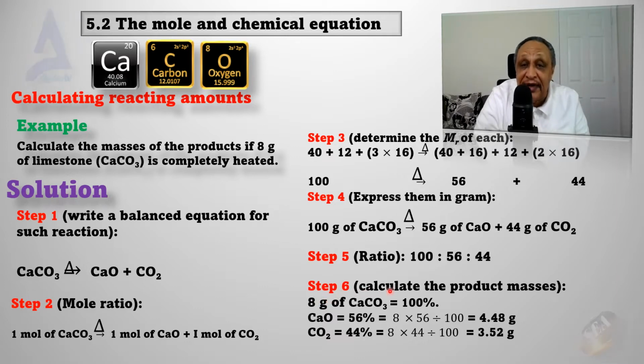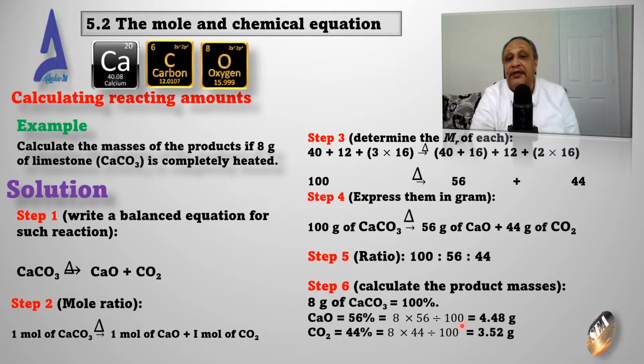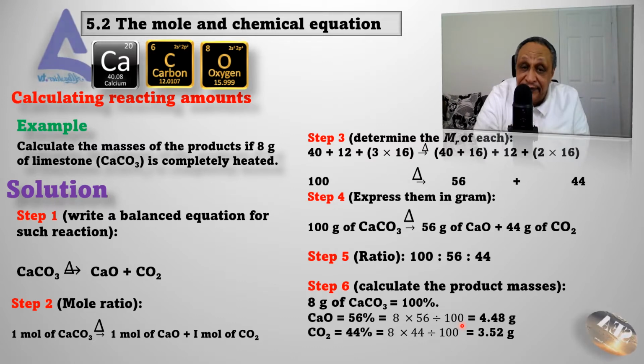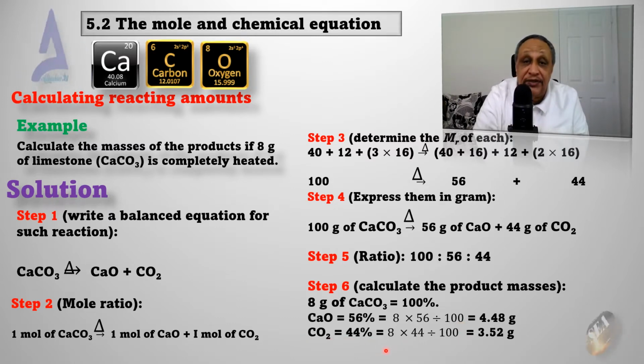8 grams of calcium carbonate equals 100%, based on what he gave me here. Then calcium oxide is 56%, which means if I multiply 8 by 56 and then divide by 100, it's going to be 4.48 grams of calcium oxide. And at the end I also have carbon dioxide, which represents 44%.